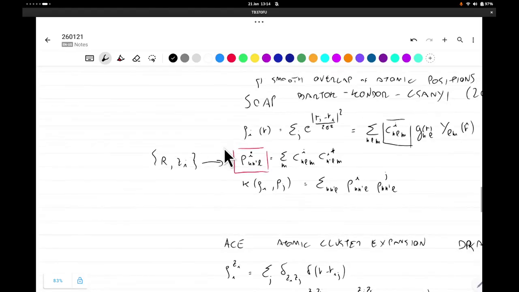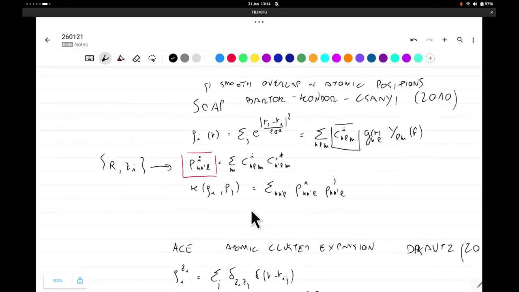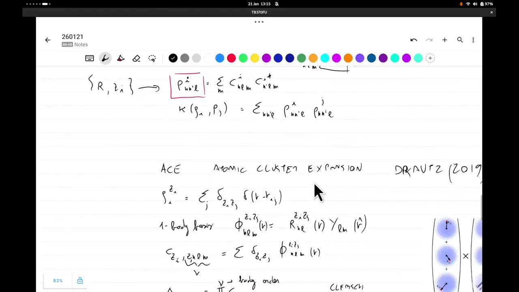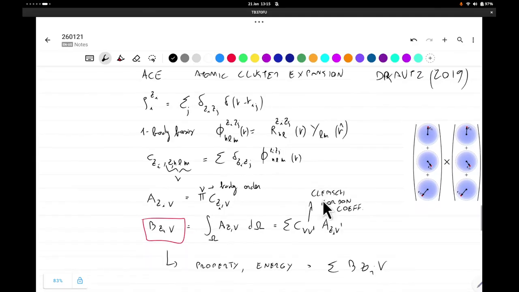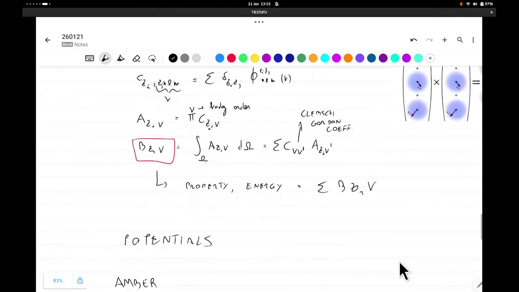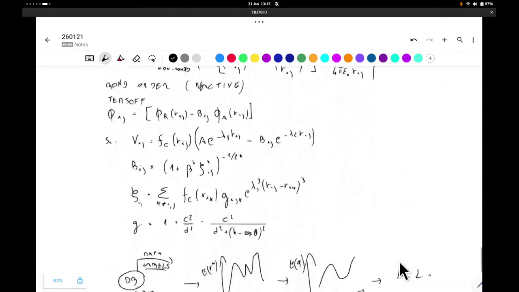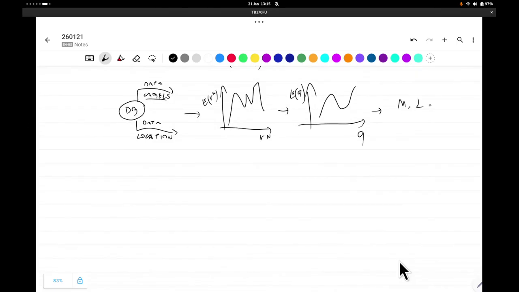So the first example, the SOAP descriptor was used together with, say, kernel ridge regression, Gaussian process, so some kind of extended linear regression. And as I was saying, the ACE at the beginning was just a linear regression, and then it went into a graph network.